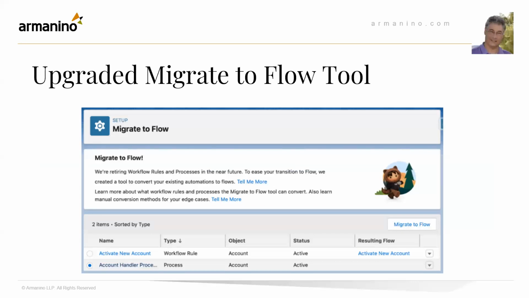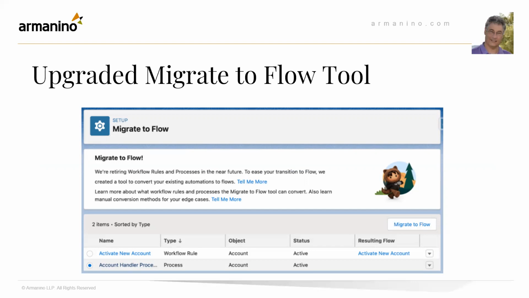As you might have heard, not only are profiles and their field level security kind of changing over to permission sets, but also workflow rules and process builders are retiring. Yes, they were great in their time, but their time is coming to an end soon. And moving is never easy, but thanks to the hardworking people at Salesforce, there is a tool that will help transition to flow.